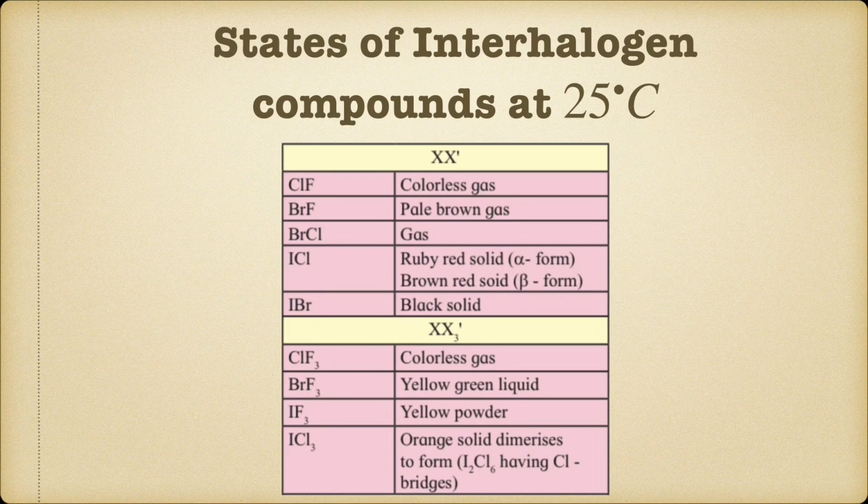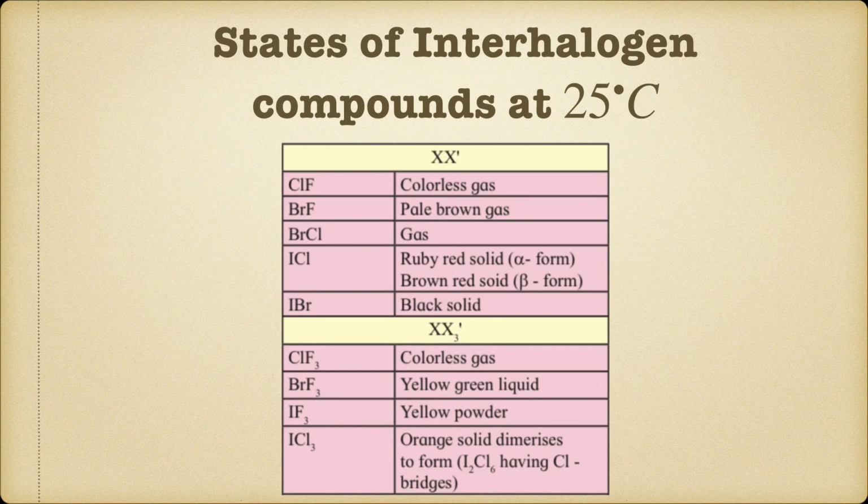Next type XX'3. Here we can see 4 examples: ClF3, BrF3, IF3 and ICl3. ClF3 exists as a colorless gas. Next is BrF3, bromine trifluoride, which exists as a yellow green liquid.